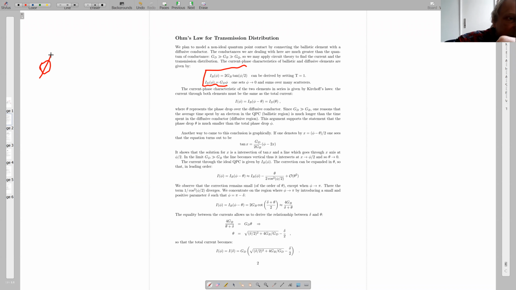Let me write it out here. Ballistic, diffusive. There are conductances. And there are phases.